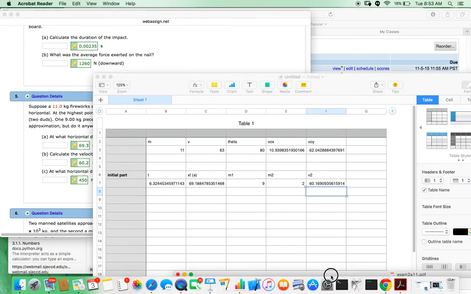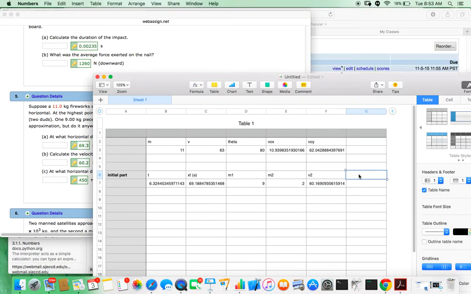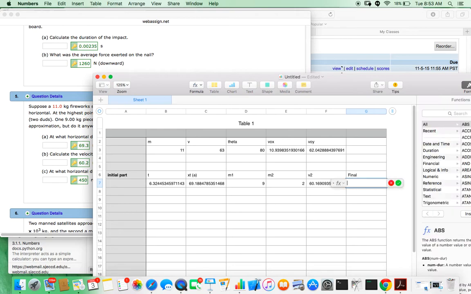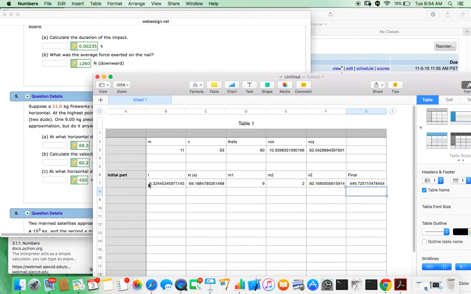I don't want to miss that again. So the final range is going to be equal to the initial one, which we calculated somewhere here, which is this many meters, plus the velocity times time. And you get a 40, yeah, we got something.